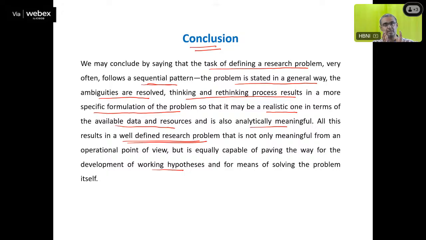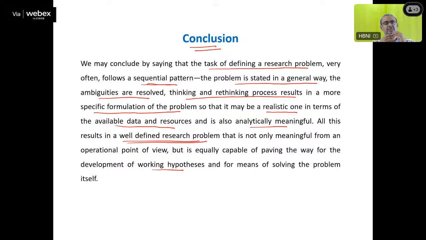We should not define it the way it is given in literature, or the way my guide is telling me, or vaguely what I think. Instead, you have to follow a sequential pattern for defining the research problem. First, you state it in a general way.